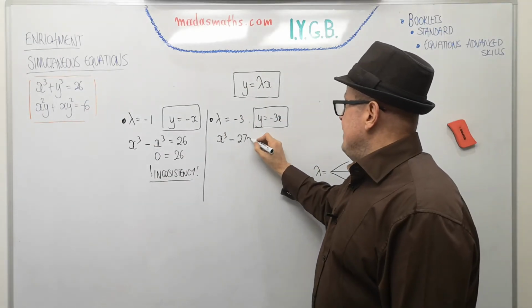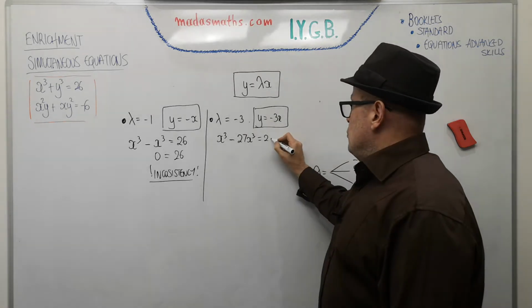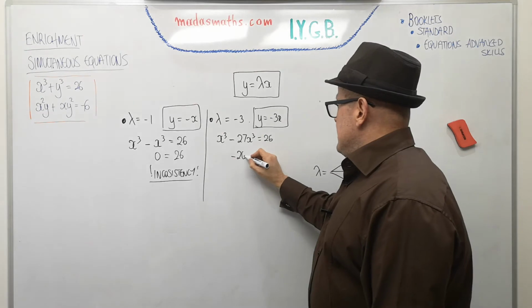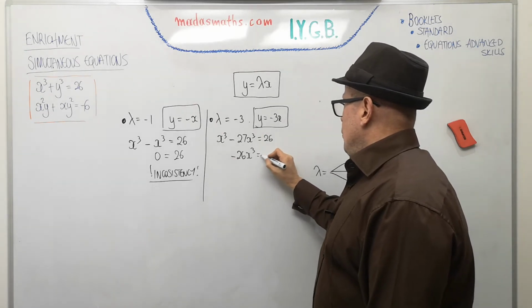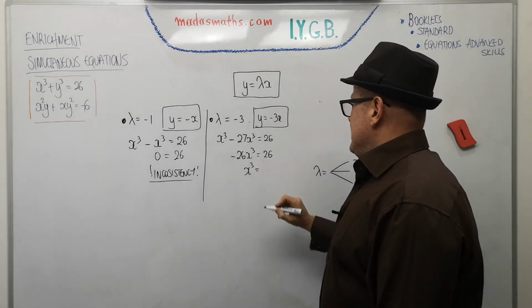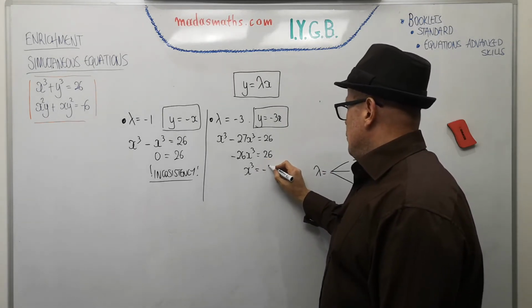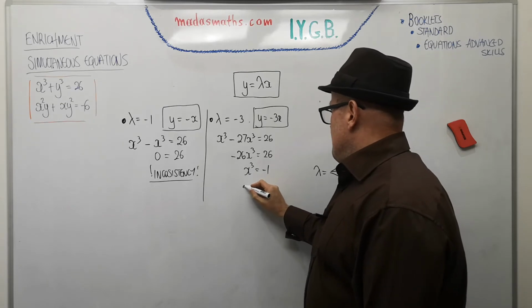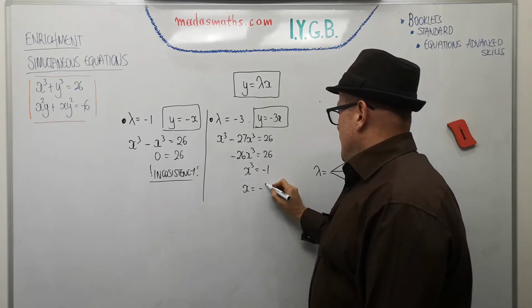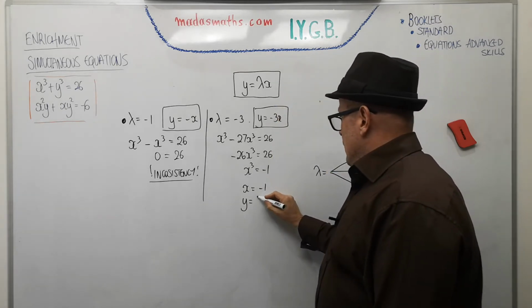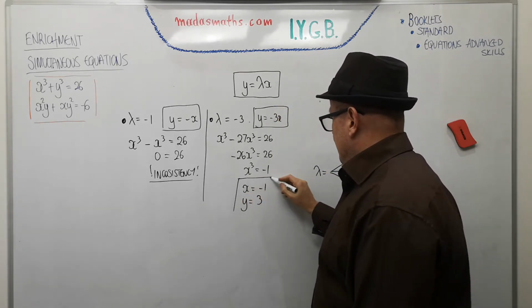Minus 27x cubed plus x cubed, minus 26x cubed is equal to 26. I feel much more comfortable seeing decent numbers now. x cubed is -1, which means x is uniquely -1, and my y from this relationship is going to be equal to 3.